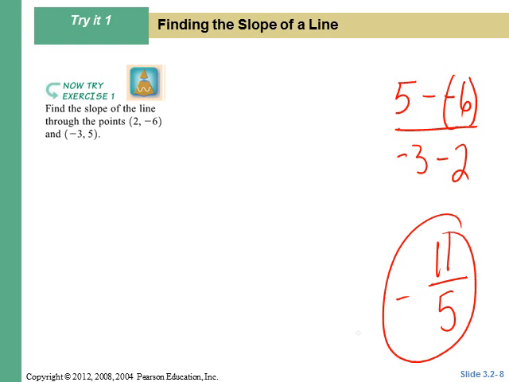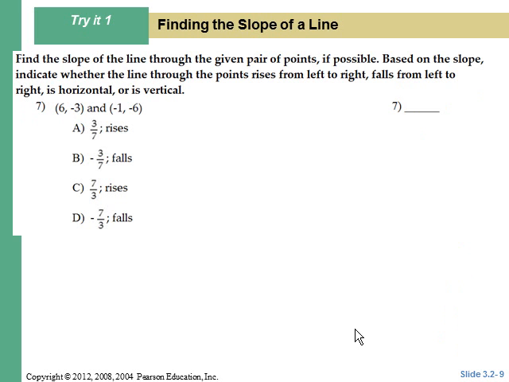So our M is -11/5. Okay, now you have to say whether it rises or falls when you get done. I'll give you some time. Press pause while you wait to do it.